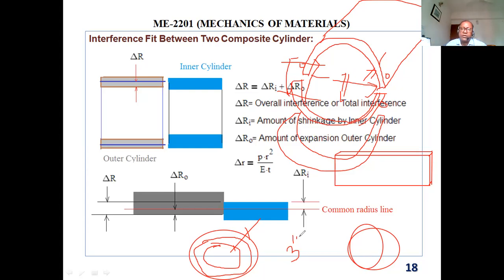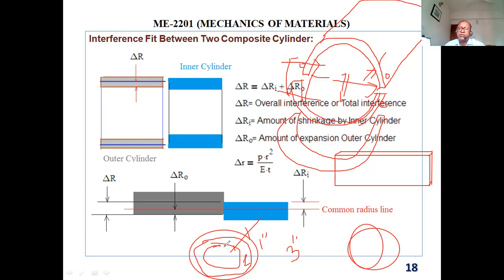Now you have an option. You can take one 2 inch thickness and one 1 inch thickness. Then they push them together. That means one bigger pipe has another pipe inside, right? Or you can make it 1.5 inch and 1.5 inch.